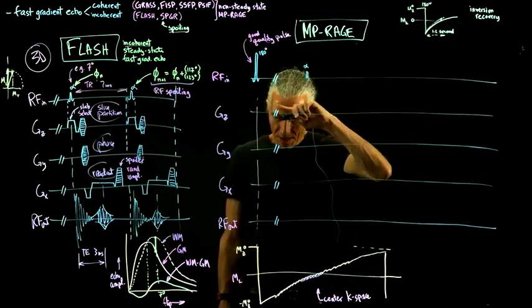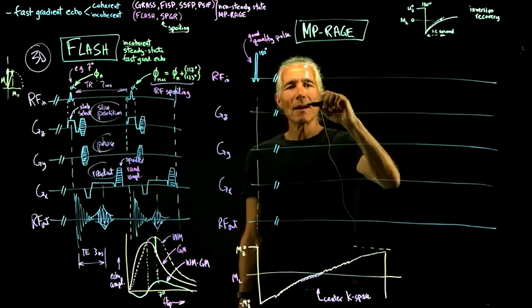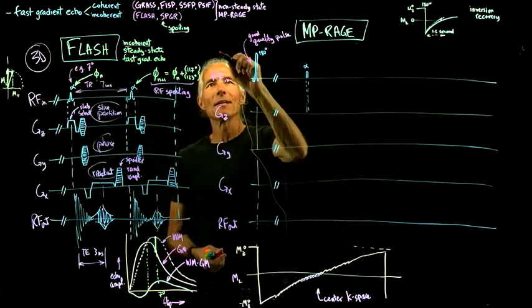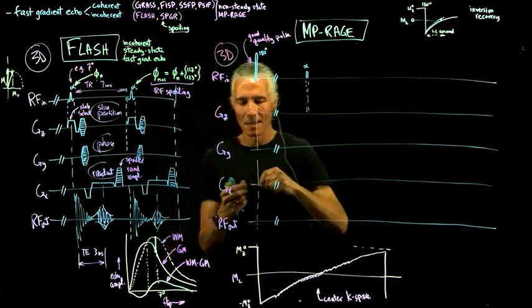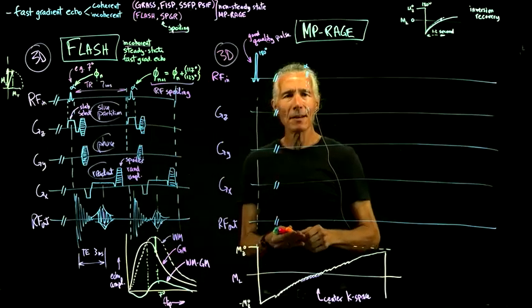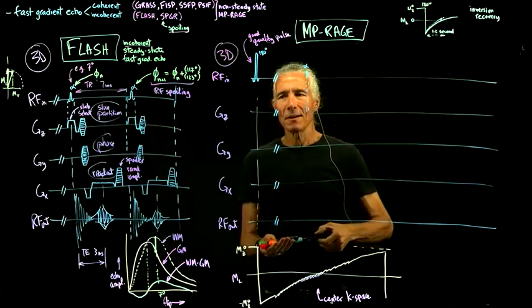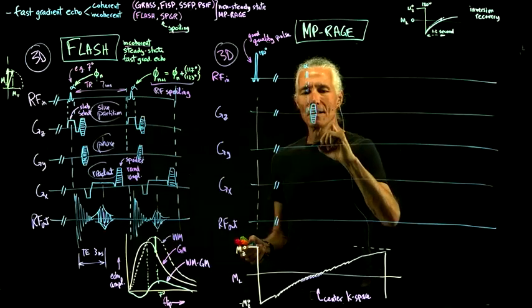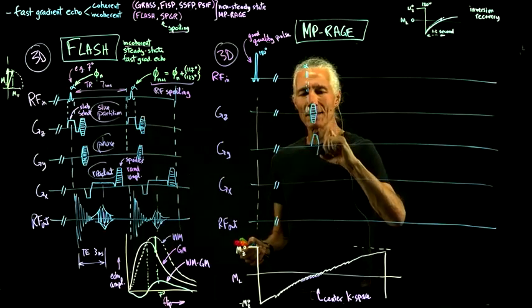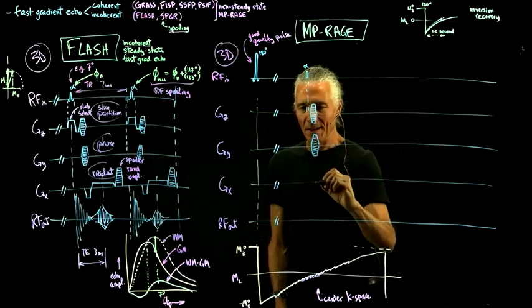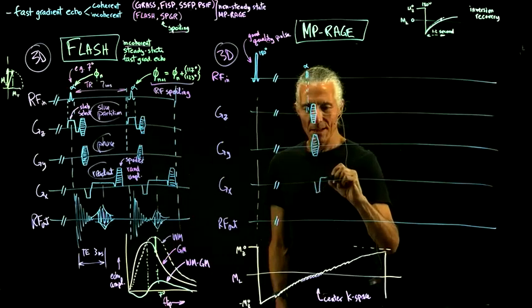And so let's not even bother, we're doing a 3D sequence, so don't even bother doing a slice select or a slab select, and then do our phase encode in the partition direction, and phase encode in the slice direction, and then do our readout like that.